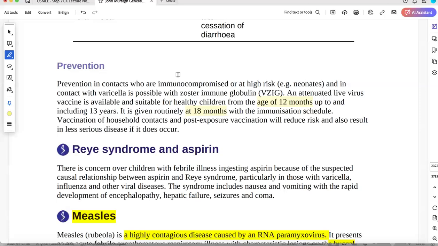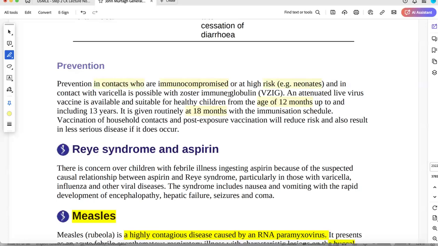Now, other thing is, is there anything that we can do to prevent the infection in a contact? Let's say your patient has been diagnosed with chickenpox, and you come to know that in that patient's home, there is an immunocompromised patient, maybe an organ transplant patient, or there is a neonate. So these patients are high risk.